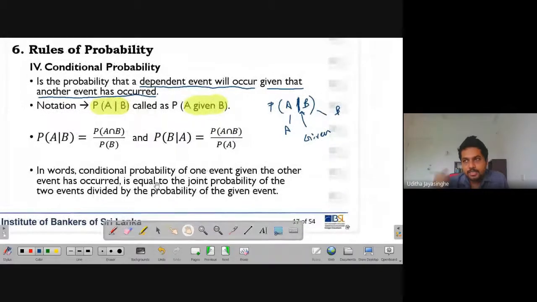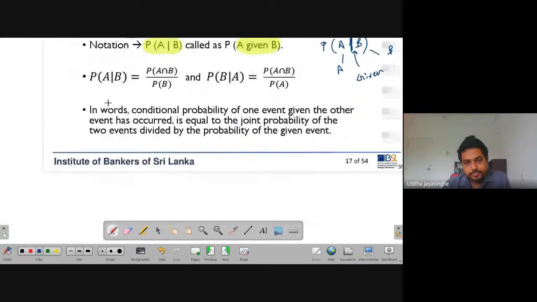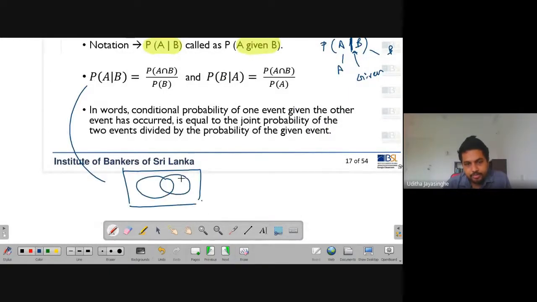Now, examples like this umbrella and raining could be a bit more difficult to think about in this jargon, so shall we try to think of it based on a Venn diagram. P A given B. You have A, B, and this is the commonality. What I have highlighted here is P A intersection B, divided by PB.